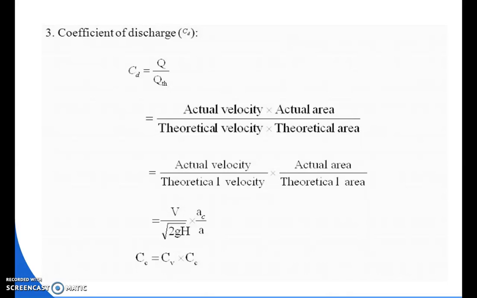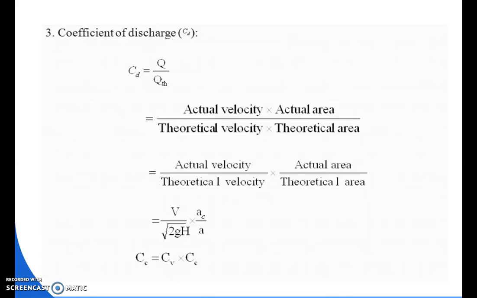The actual discharge is the actual velocity of the fluid into the actual area of the fluid at the vena contracta, divided by the theoretical velocity into the theoretical area. The theoretical velocity is root over 2gh, and the theoretical area is the area of the orifice.